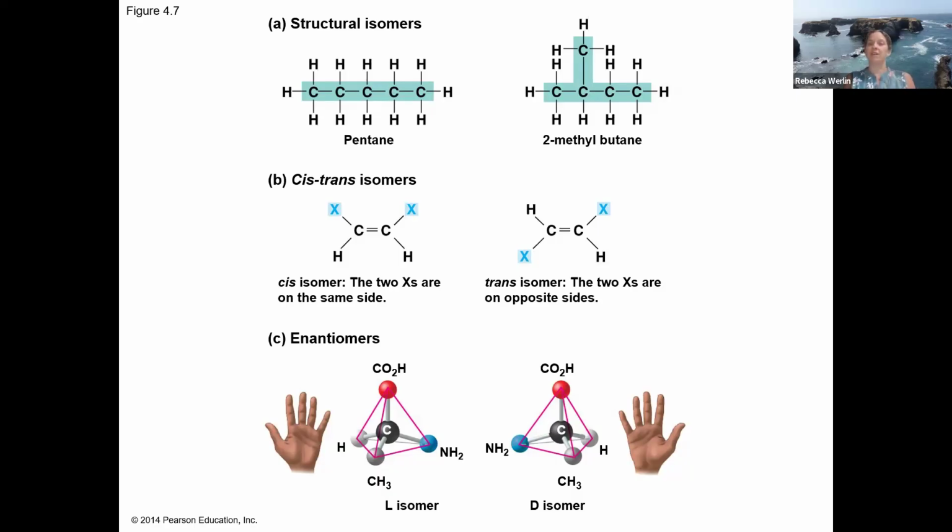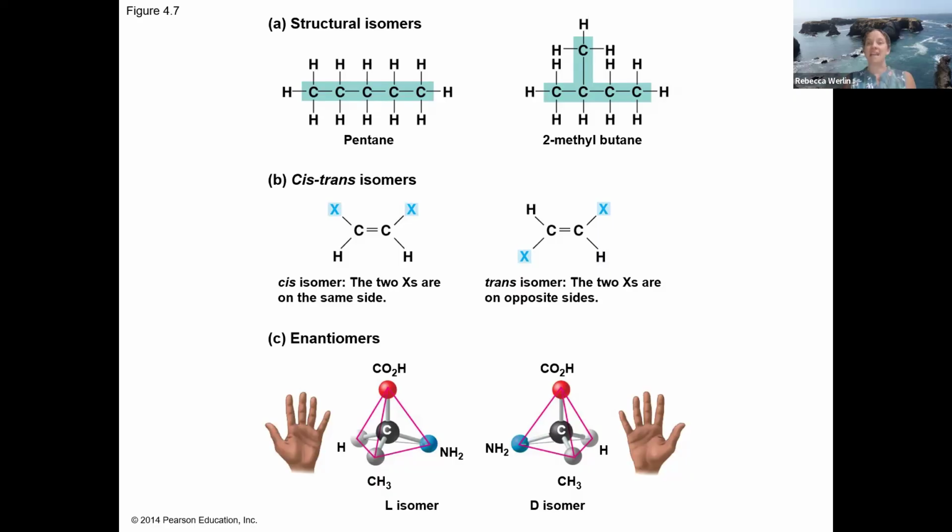As you can see here, the cis molecule is going to have the X group or the functional group or another molecule on the same side of a double covalent bond, whereas the trans one, those two X molecules or functional groups are on opposite sides. So that's very common, so that you would have a cis isomer, which is on the same side, and a trans isomer when they're on opposite sides.